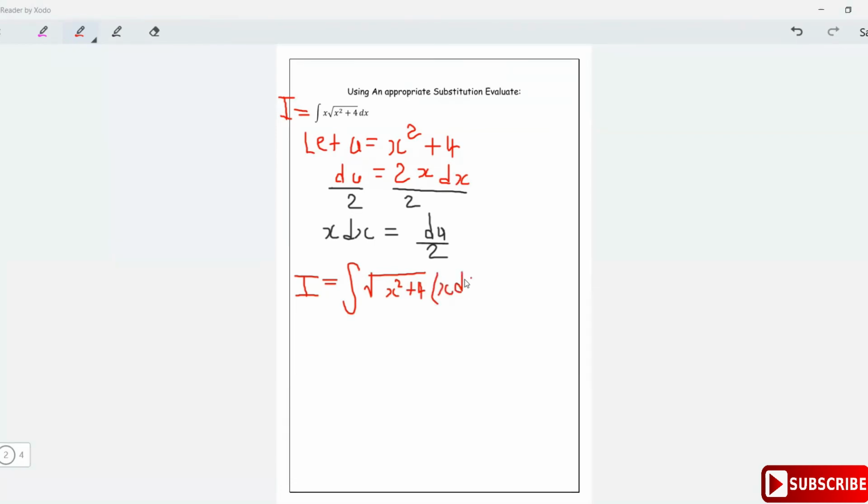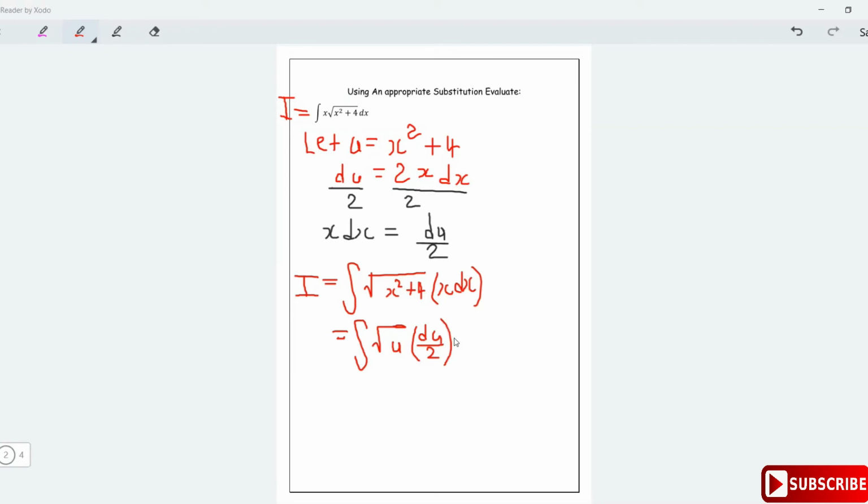All I did was put the x beside the dx. Yeah, man, but x dx is what? du over 2. So that's how this will now work out to be the integral of, x squared plus 4 is u, so we're integrating the square root of u times x dx, which is now du over 2.